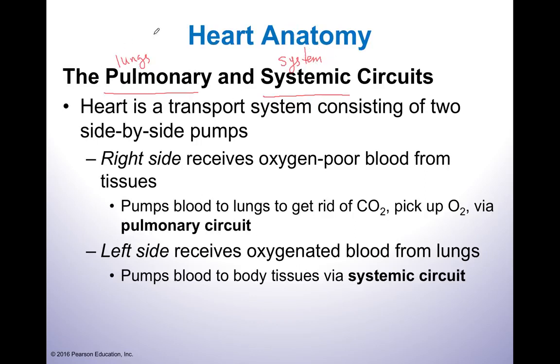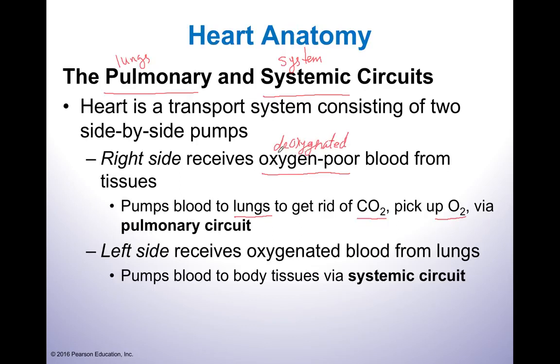So when you're talking about pulmonary, the goal of this is to pump blood to the lungs. This is the goal. And what it does, it gets rid of CO2 and it picks up O2. What you start with is oxygen poor blood, which we also refer to as deoxygenated, because D implies lack of, right?